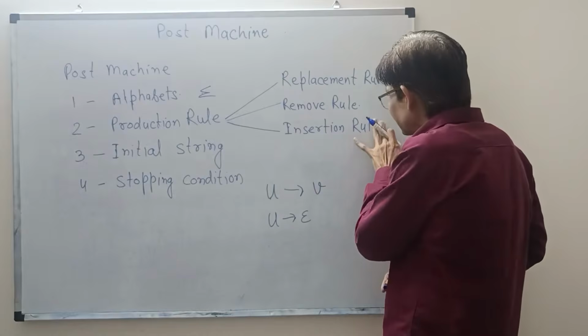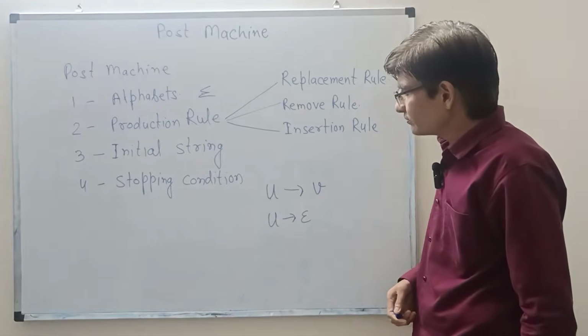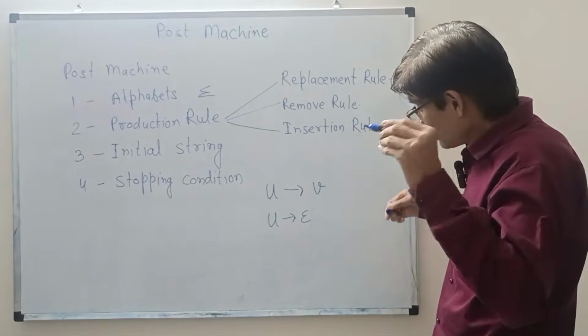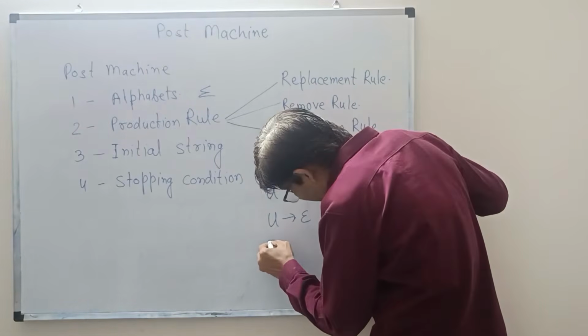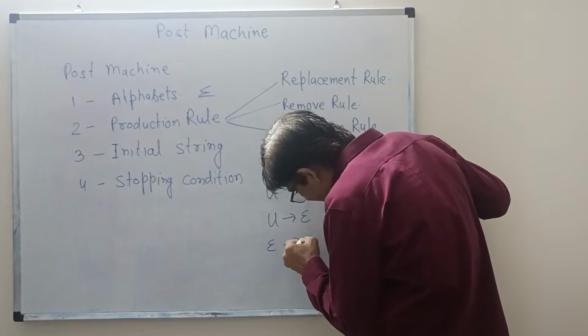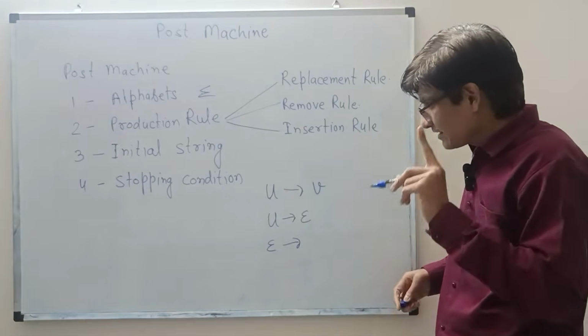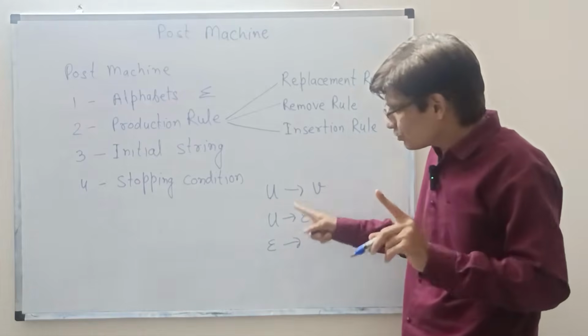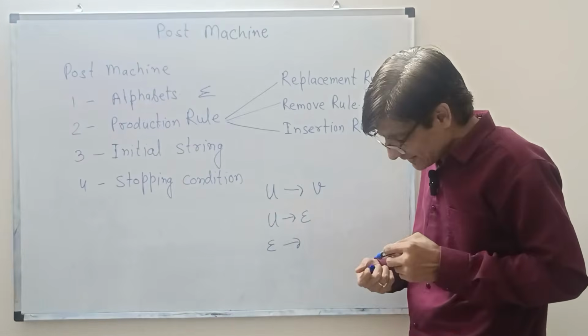Now, third rule is insertion rule. And in this particular rule, epsilon may be there in the left hand side. So this is the very important difference between Turing machine and Post machine.